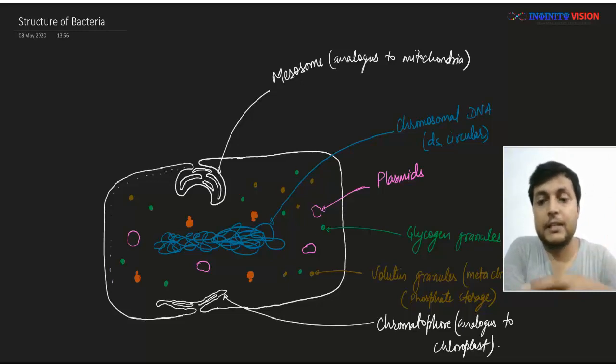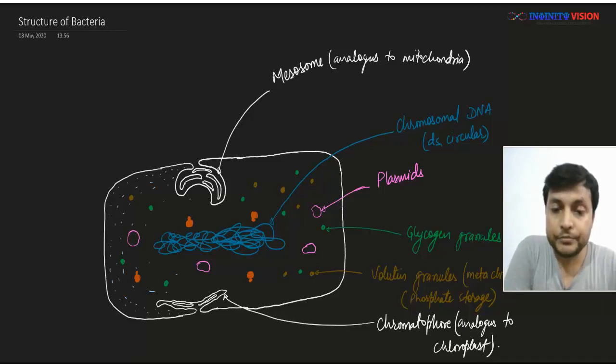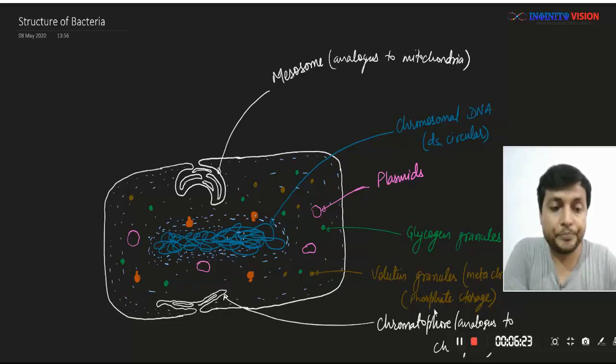As I said, this entire place is filled with a fluid called cytoplasm, or protoplast. So I'm just filling it. What you see here once we fill it is that the cytoplasm is of different density here and there, correct?